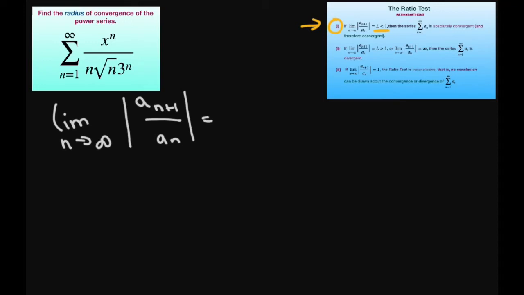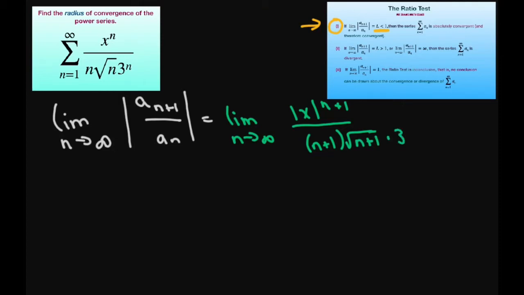Now substituting everything in, we're going to get the limit as n approaches infinity of, and we only have to take the absolute value of our x, so this is going to be absolute value of x to the power of n plus 1 divided by n plus 1 times the square root of n plus 1 times 3 to the power of n plus 1.